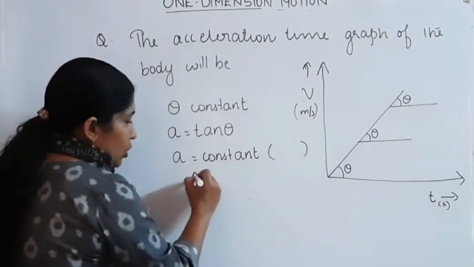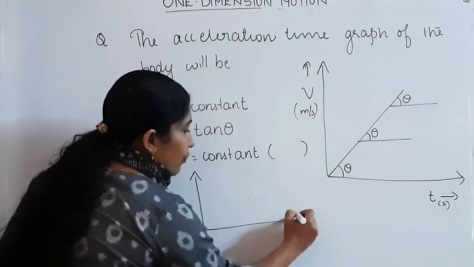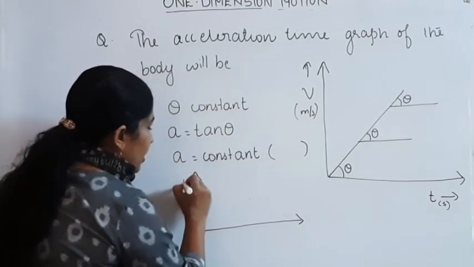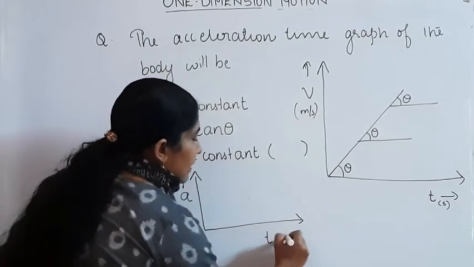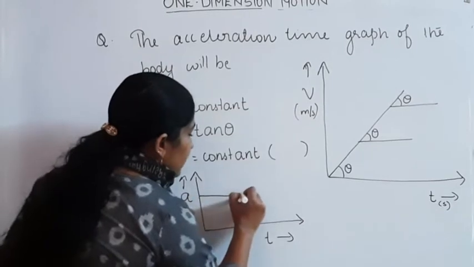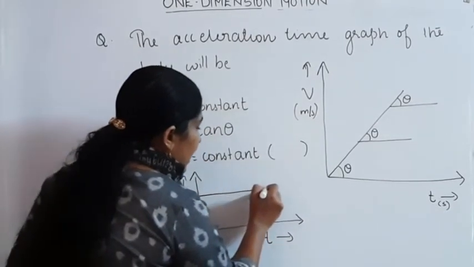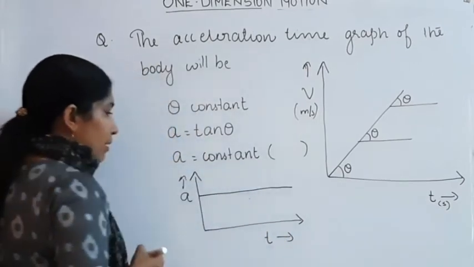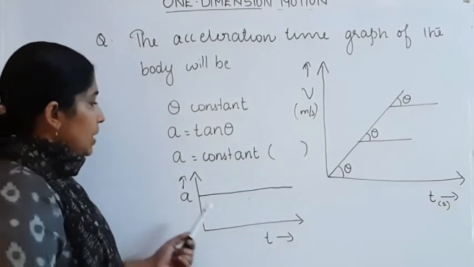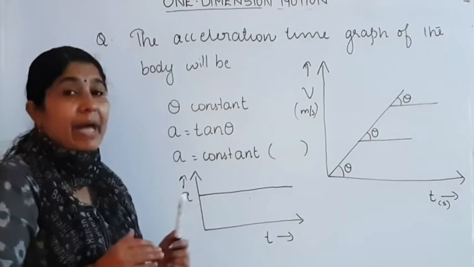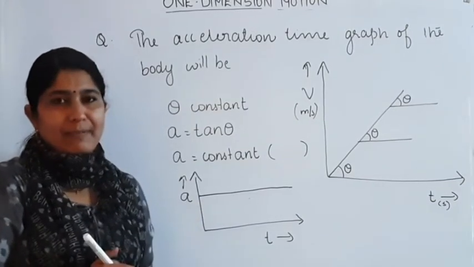So, how can we draw the acceleration time graph? Acceleration time graph of the body remains a constant value. It's a straight line which is parallel to the time axis.